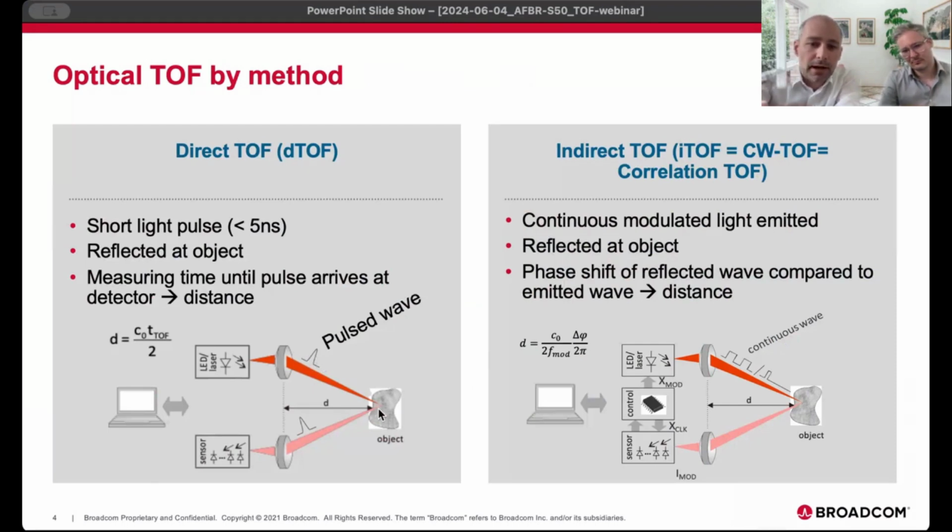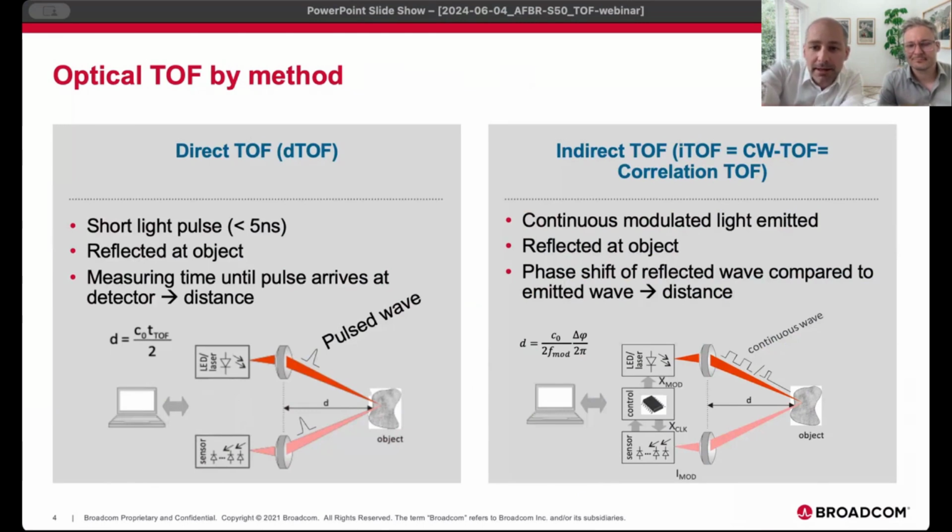This is targeted onto an object, reflected by the object, and then detected by a photodetector. Knowing the speed of light and comparing when you have emitted the light pulse and when you detect the light pulse, you can calculate the distance to the object. This sounds very easy. In practice, it's a bit more difficult than that.